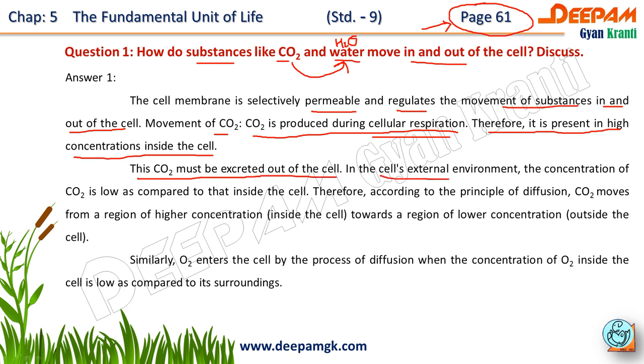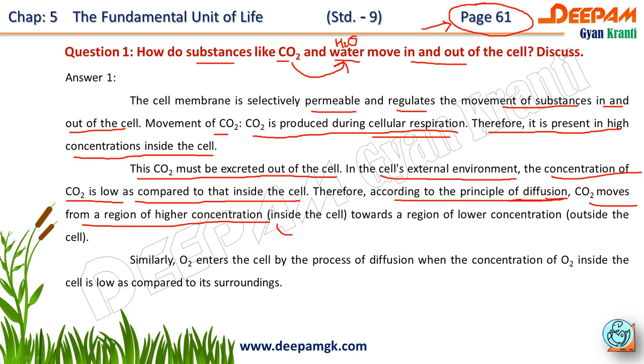In the cell's external environment, the concentration of CO2 is low as compared to the inside of the cell. Therefore, according to the principle of diffusion, CO2 moves from a region of higher concentration, meaning inside the cell, towards a region of lower concentration, meaning outside the cell.